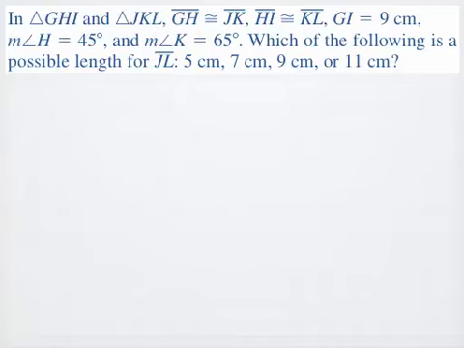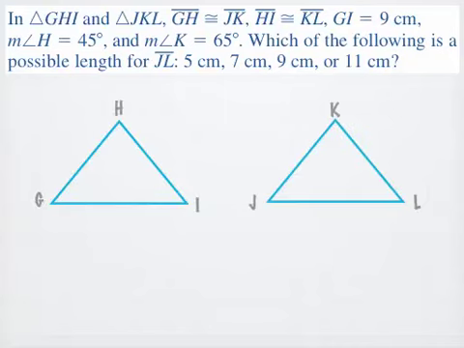In this example, they say in triangle GHI and triangle JKL, GH is congruent to JK, HI is congruent to KL, GI equals 9 centimeters, the measure of angle H is 45 degrees, and the measure of angle K is 65 degrees. Which of the following is a possible length for JL? Just like in the last example, I need to draw myself a picture.